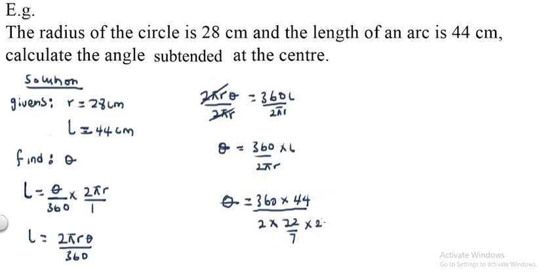R is 28. From here we have that theta is equal to 360 times 44, which is 15,840, divided by, since we have fractions in the denominator, I'll write them as fractions, 2 over 1 and 28 over 1.